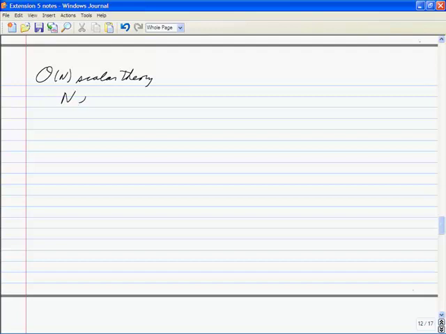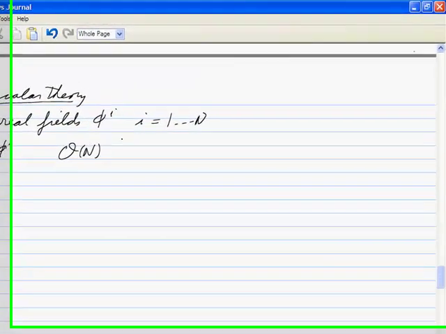This is n real fields phi_i, i equals 1 up to n. Okay. From what we've done, we already know that phi_i is an O(N) invariant.